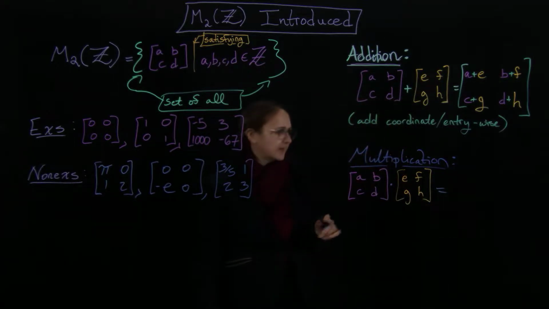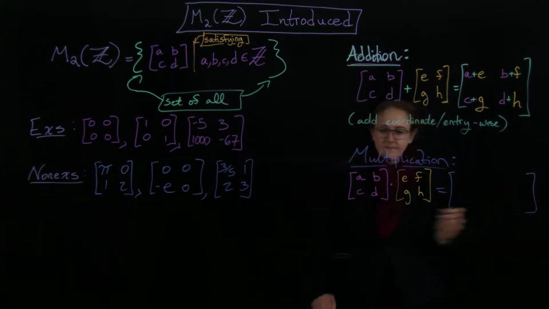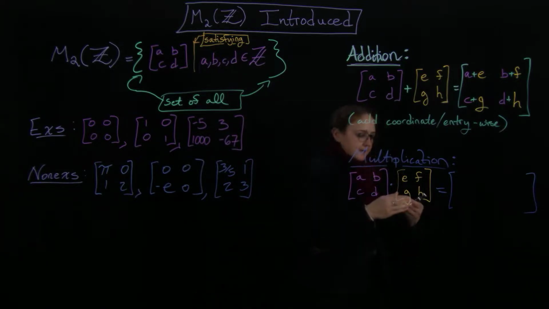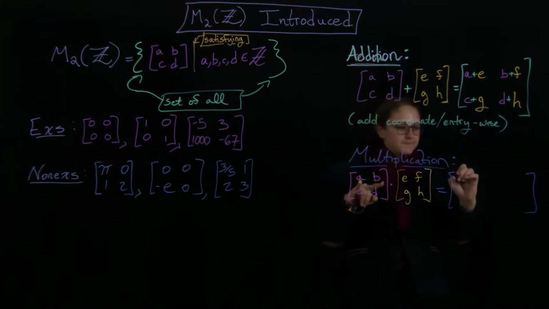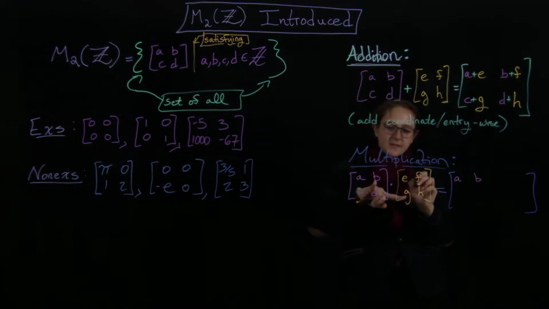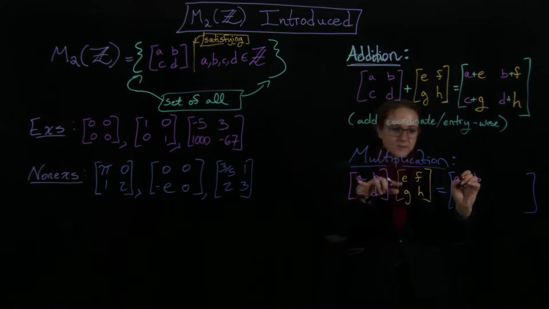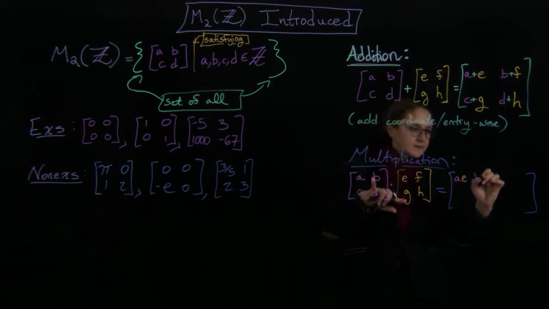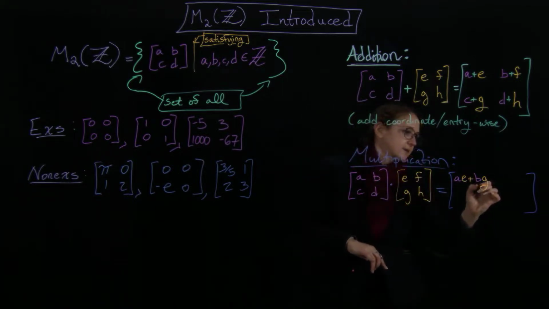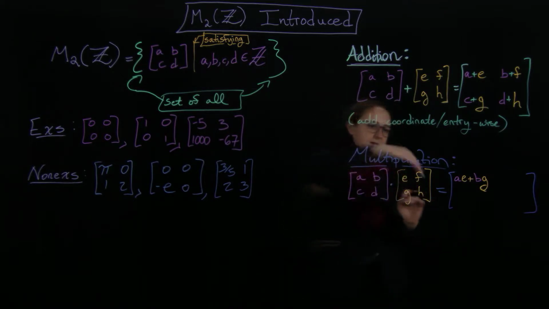It always helped me, I don't know if this will help others, to think of a picture: I go like this and then I fall down the hill. So A gets multiplied by E and B gets multiplied by G, and we add this. This is just standard matrix multiplication, but in case you're less familiar with it. Then this one goes like this, again sliding off the cliff over here.